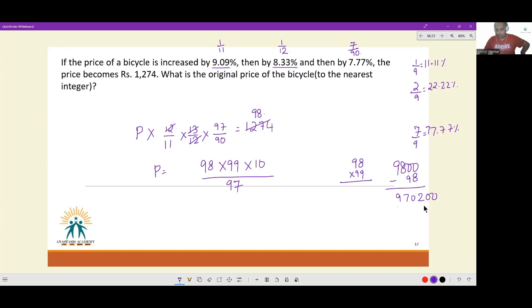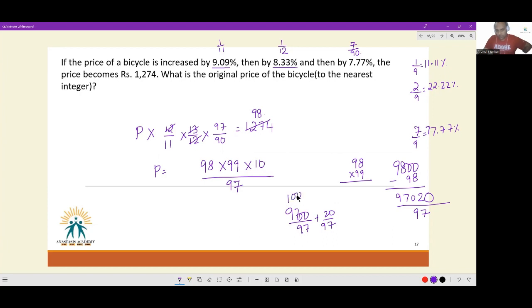9702 into 10 divided by 97. Divided by 97. This much we have to do. Sorry, not 00. There is a single 0 here. 9702. This much we have got. This we can break down as 9700 by 97 plus 20 by 97.